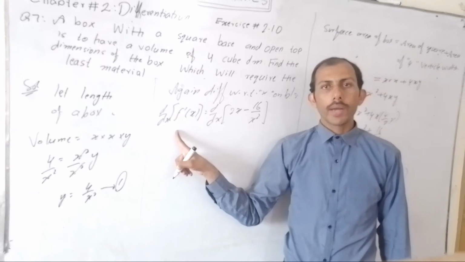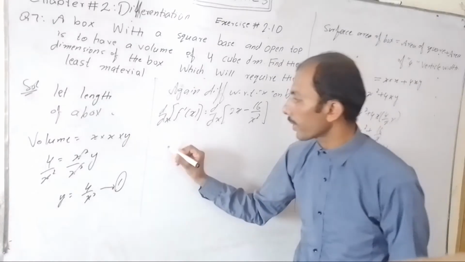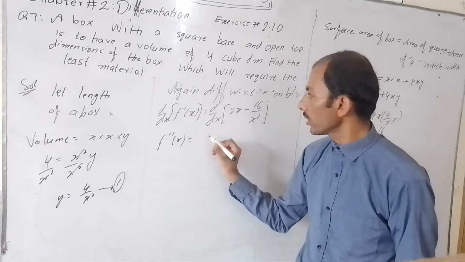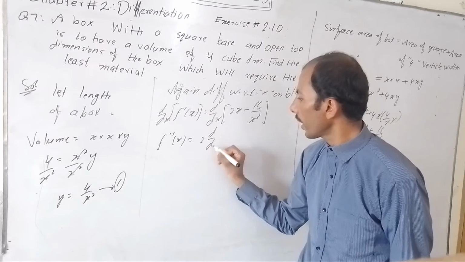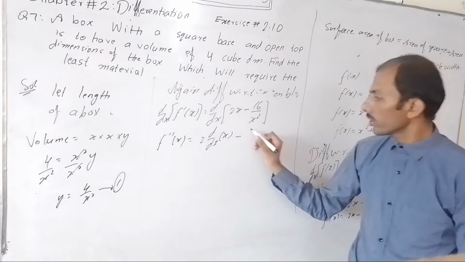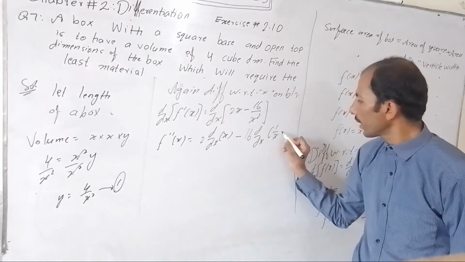Derivative of f prime of x with respect to x can also be written in the form of f double prime of x. Further differentiate: derivative of 2x minus 16 times derivative of 1 divided by x square.